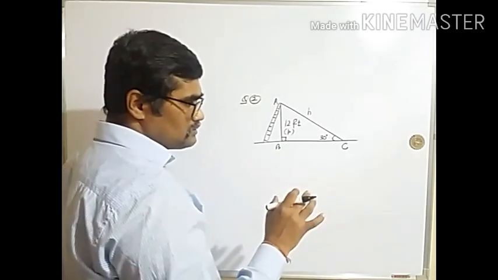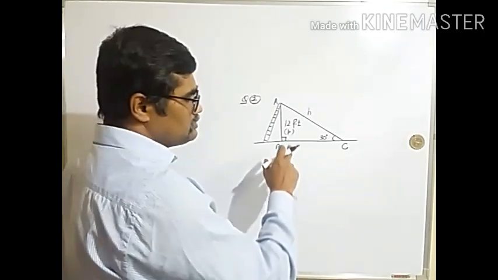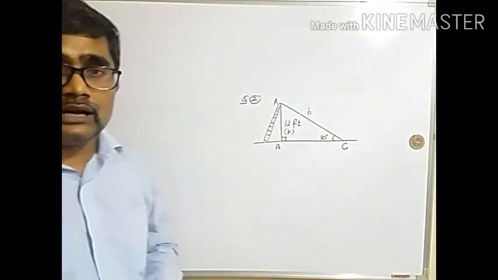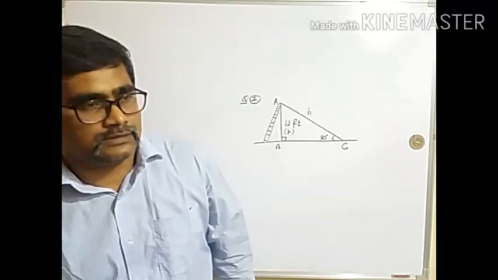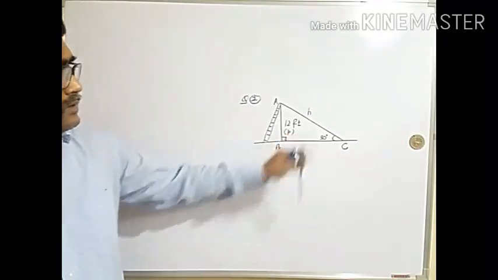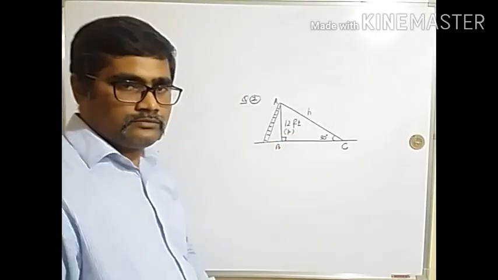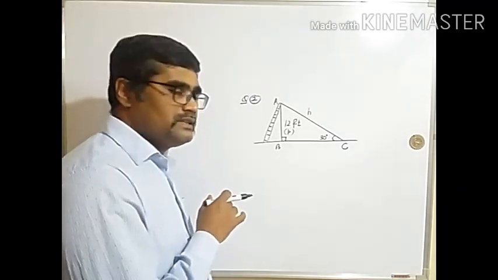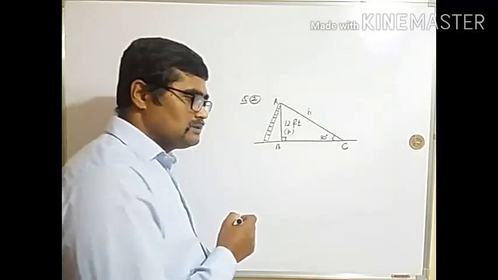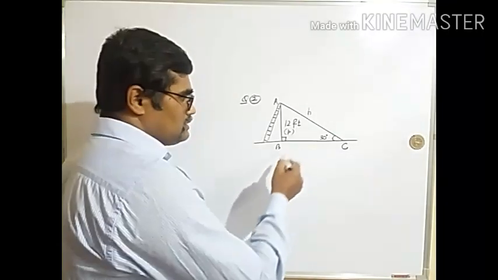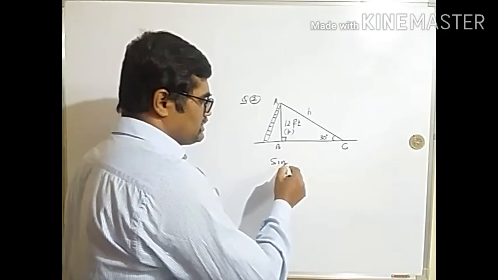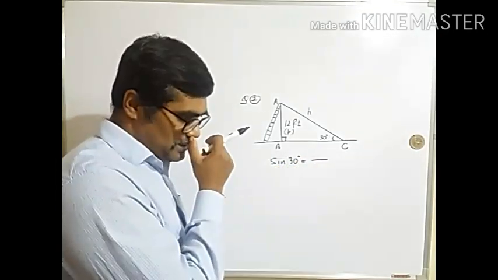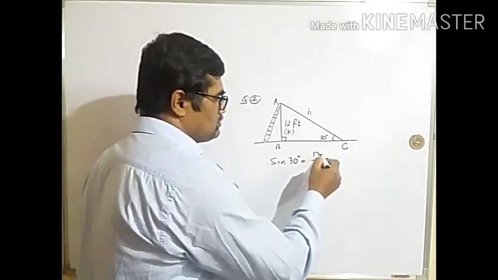Now fix that ratio which gives you a relation of P and H, and that will give you a good idea for knowing the answer. Can you recall what is the ratio of P and H? It is sin theta, right? So you have to start taking sine of 30 degree. Sine of 30 degree means P by H. P, what is the value? 12 feet.